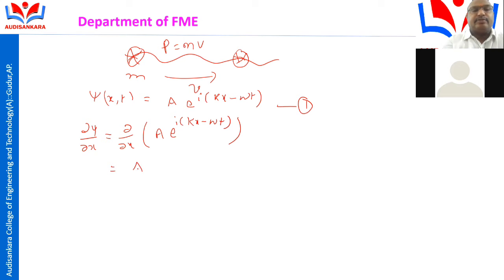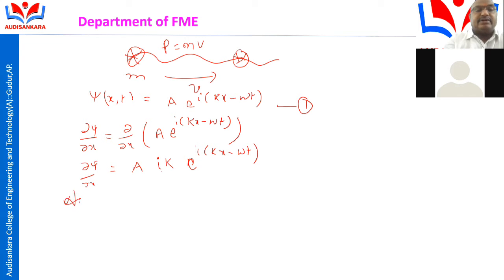It is a constant, removed from the differentiation. A times d by dx of the exponential gives ik times e power i(kx minus omega t), because in differentiation with respect to x, the only remaining derivative is the constant. So A ik e power i(kx minus omega t) is dou psi by dou x.